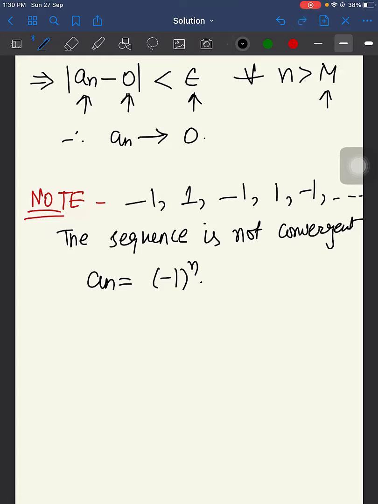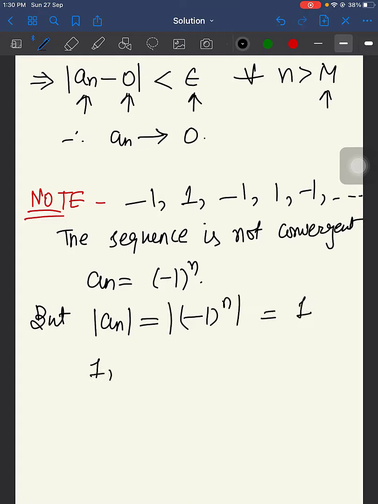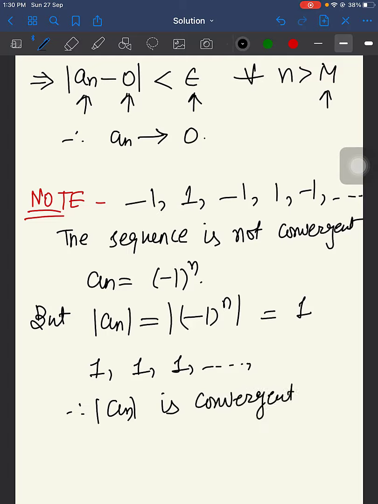But if you take mod of an, that means it will become mod of (-1)^n, so that will simply become 1. That means we have a constant sequence in which 1 is the only term which keeps on repeating. So therefore mod an is convergent to 1.